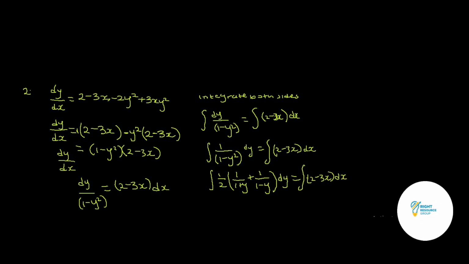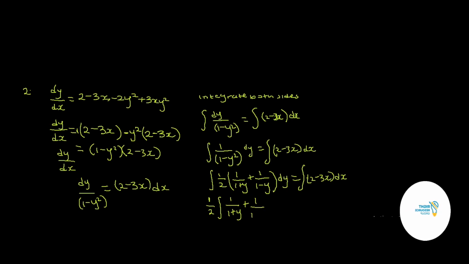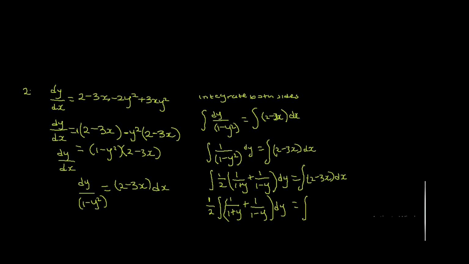Just the way we do our normal integration, we bring out our constant, which is 1 over 2.